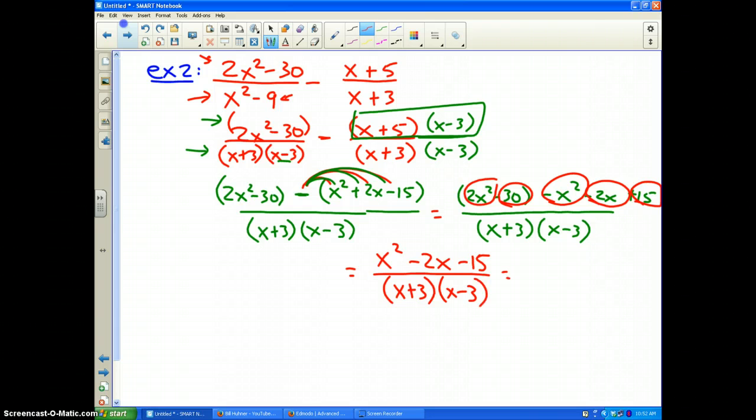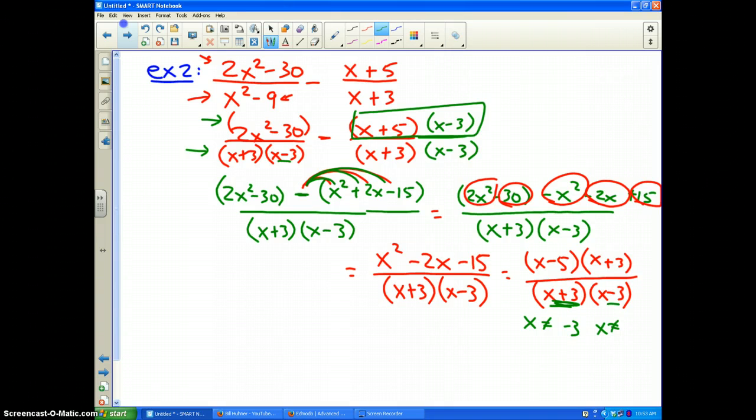Does the numerator factor? Geez, I believe it does. I believe it factors into x minus 5 and x plus 3, the whole thing divided by x plus 3 times x minus 3. All right, what can't x be? X cannot be negative 3 for this piece.